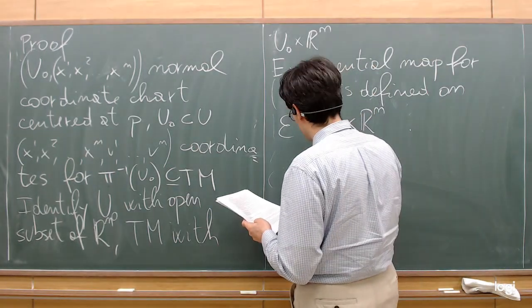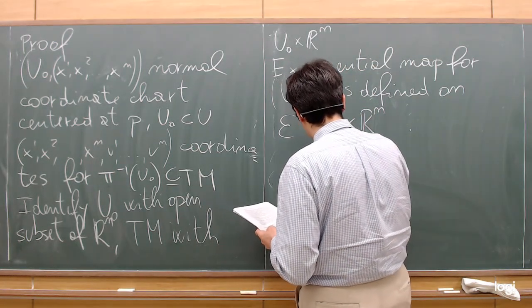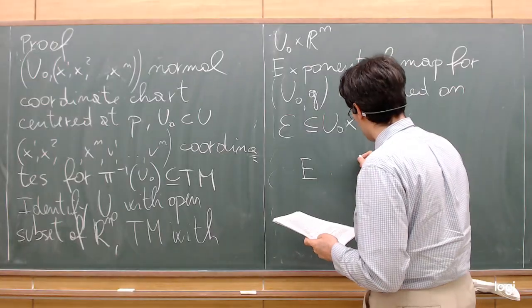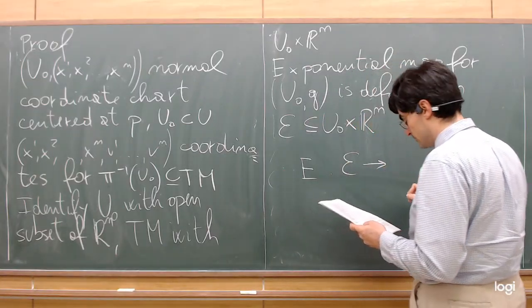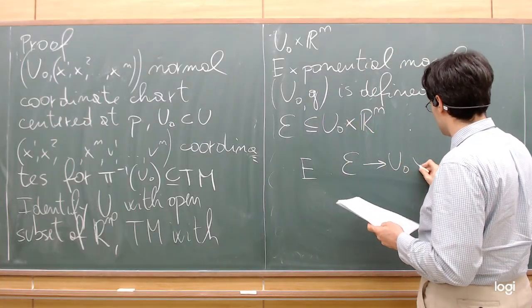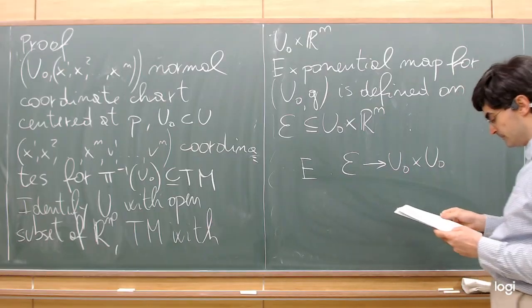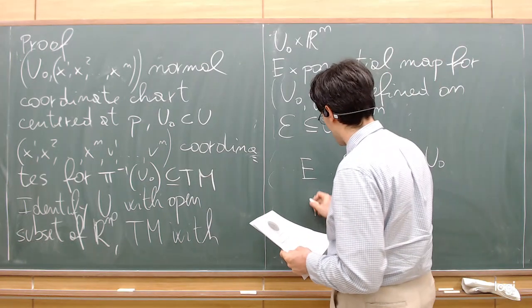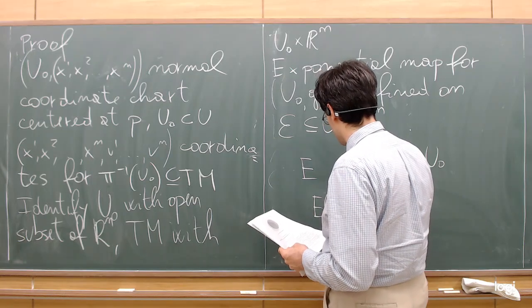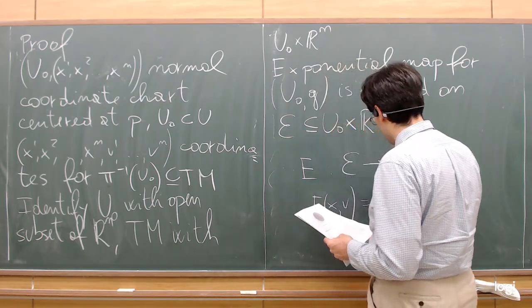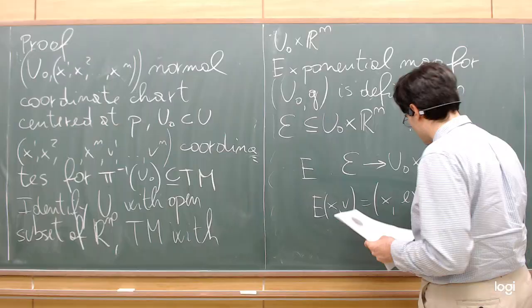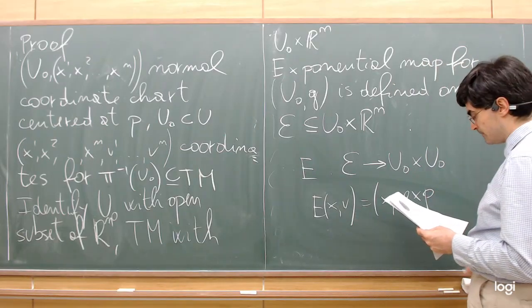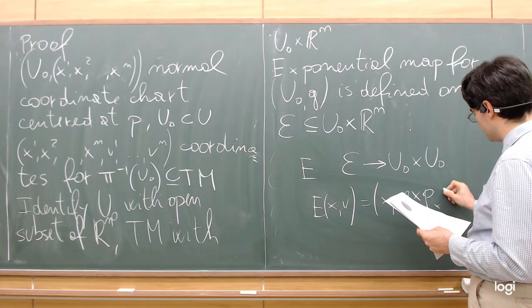Then we define the map capital E from E into U0 times U0, writing E(x, v) equal to (x, exponential map at x evaluated at v).